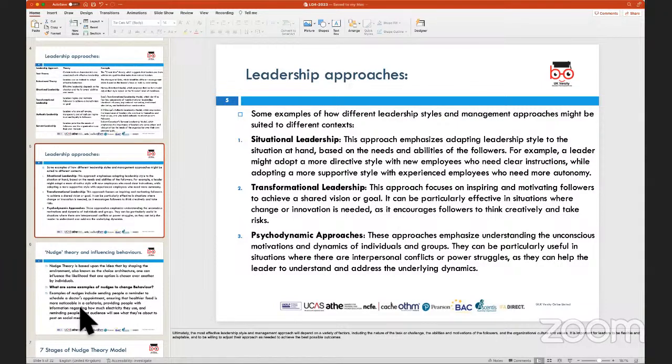Here, it is more about a directive style of leadership, which means that the leader will take the lead and provide very clear instructions of what is to be done in a situation, because the organization and most of the employees within it have not faced that situation before. And the leader or person in that position has had experience of that particular situation in maybe a different setup, and that allows that person to use situational leadership to steer the company in a particular direction.